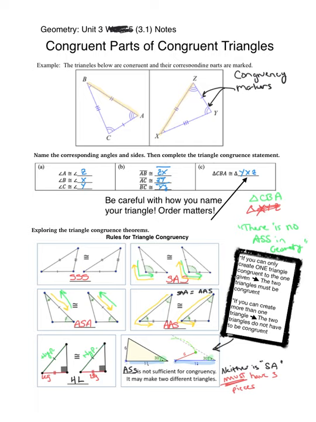If you can move it anywhere and connect in a couple of places, then you're making more than one triangle. So angle, side, side is not enough to prove congruency. Again, there is no ASS in geometry. All right, let that one sink in. Doing a lesson is going to help a lot. Let's go to the next page.